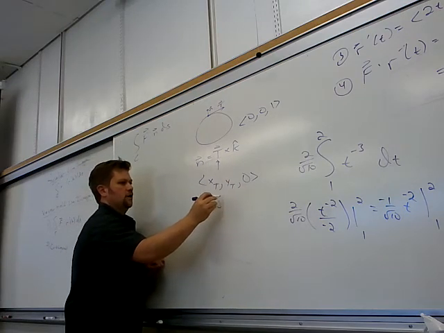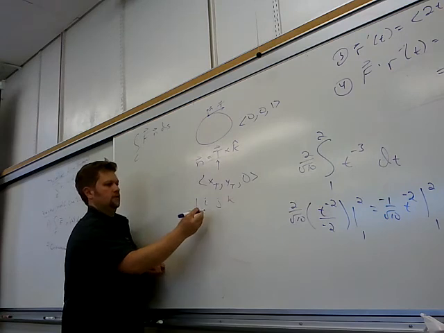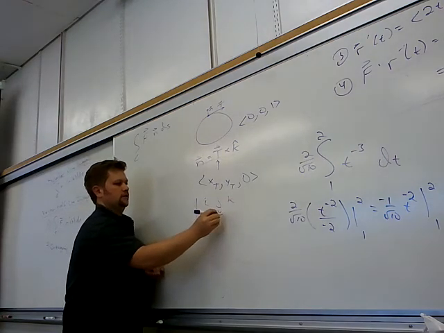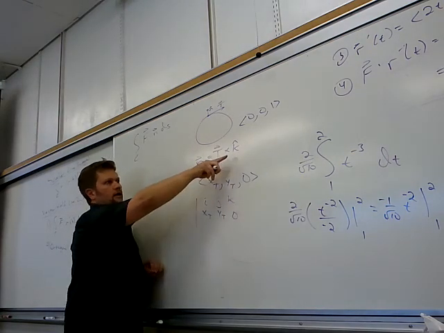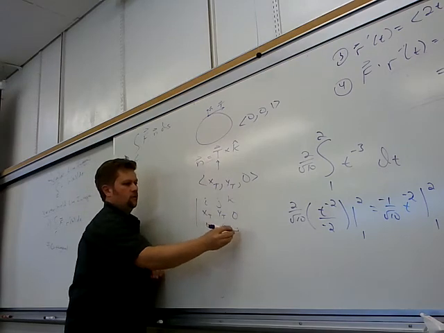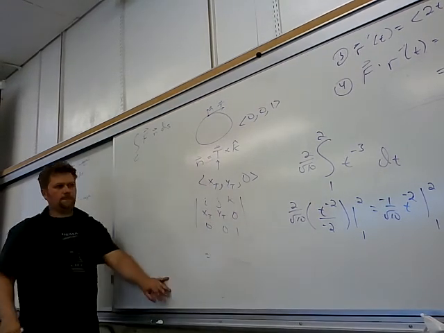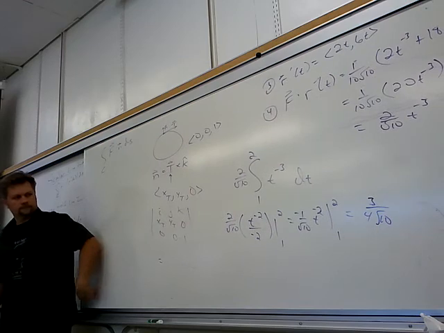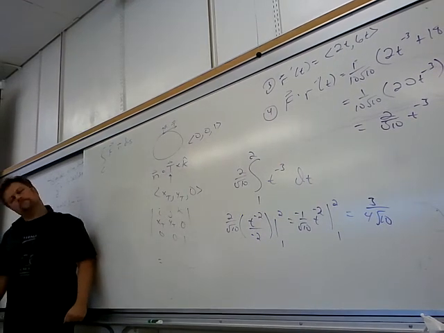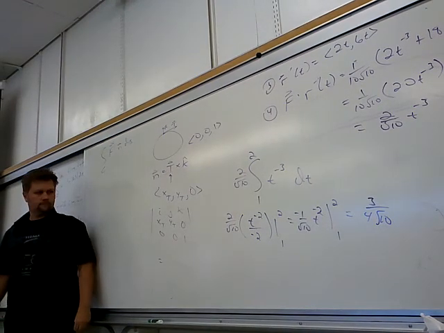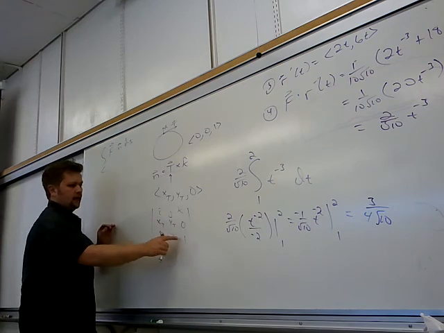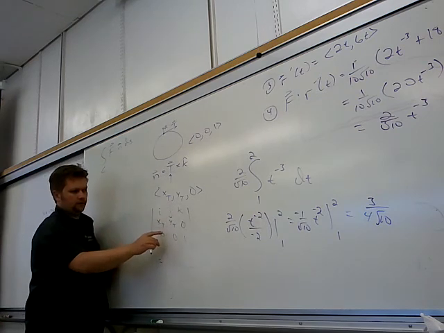So to get this cross product, I would do this here, right, remember? So I do x(t), y(t), 0, and then k is 0, 0, 1. Let me do this in order.